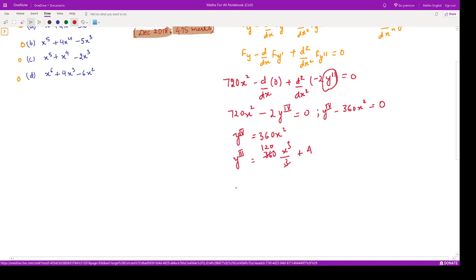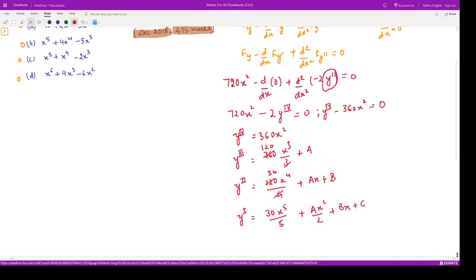Let us integrate again. We have the second derivative of y equal to 120 x to the power 4 divided by 4 plus ax plus b, where b is another constant of integration. So it would be 30 x to the power 4. Let us integrate once more. We have the first derivative of y equal to 30 x to the power 5 by 5 plus ax squared by 2 plus bx plus c.